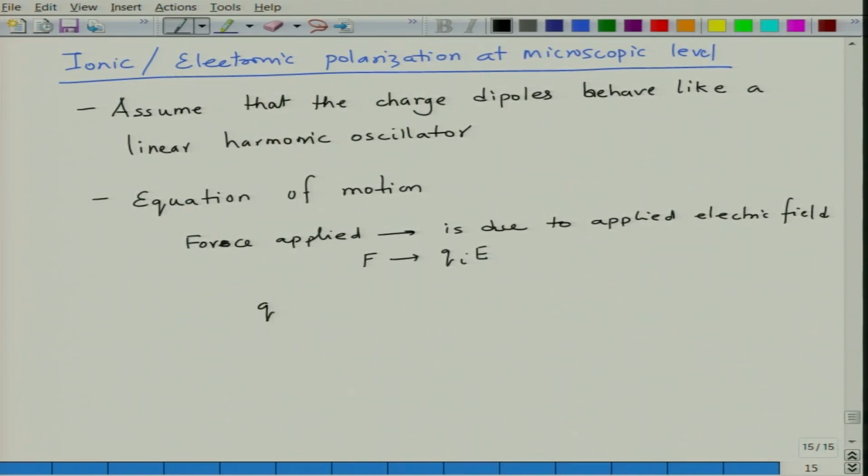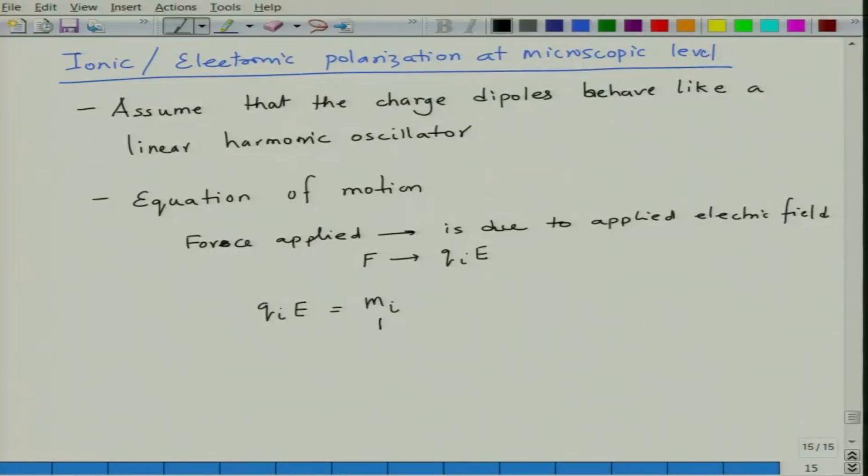So QiE is the force applied, and this is equal to the mass of the entity, that is Mi. It could be electrons with respect to the nucleus, or it could be ions in case of ionic polarization. So this is basically the mass of the particle, so it could be charges or ions.